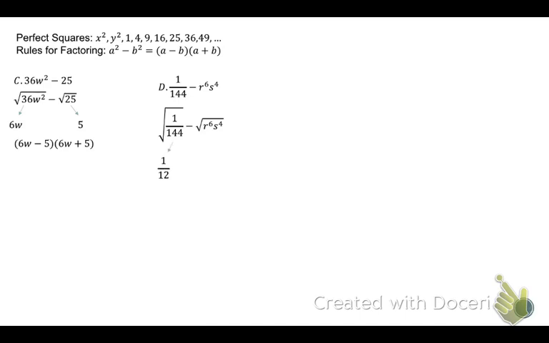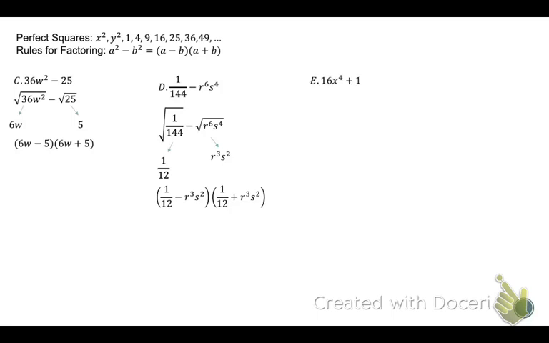Okay. And the square root of r to the 6th, s to the 4th, that's going to be r to the 3rd, s squared. Okay, because you just divide that by 2, divide that by 2. And then that's going to be 1/12 minus r cubed s squared, and 1/12 plus r cubed s squared, sorry.